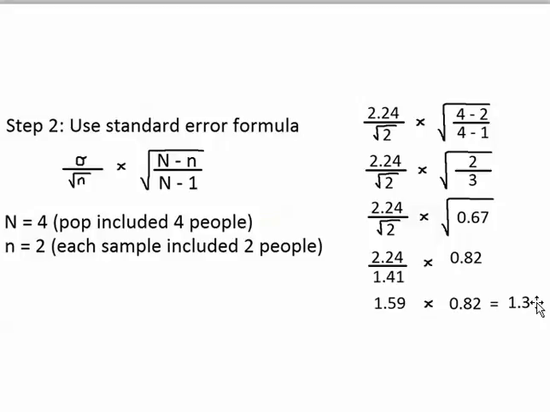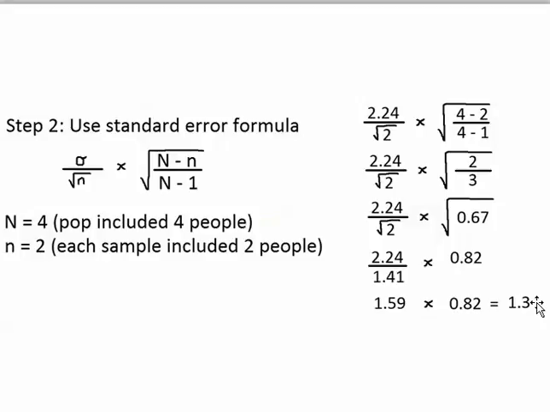And this formula is a different way of getting the standard error than what we did earlier. The first way we did it was by actually calculating the means of all possible samples and then finding the standard deviation of the sample means.